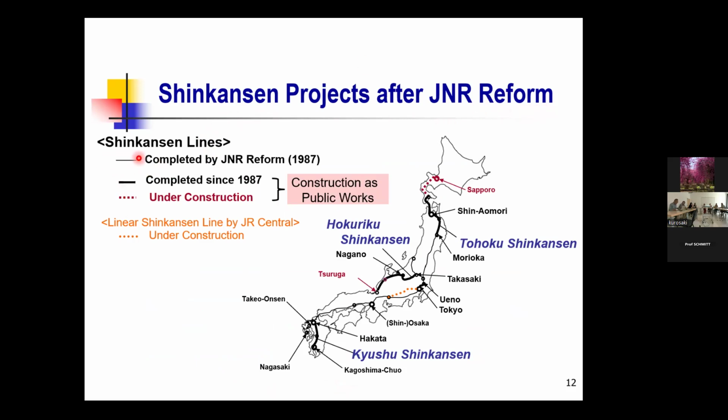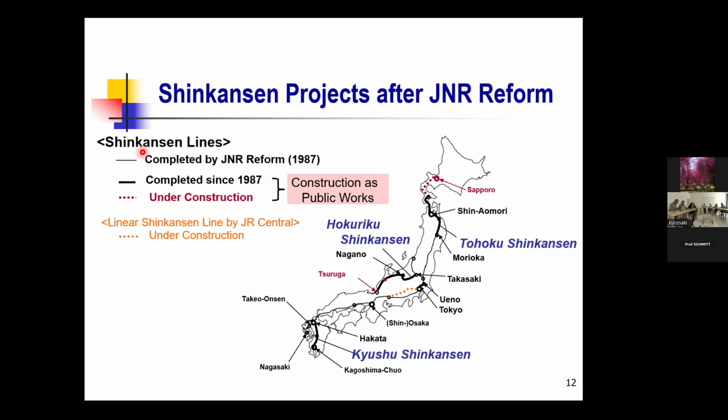The narrow black line shows the Shinkansen lines, which were constructed during the age of JNR. Since these lines were succeeded to JR companies, they are operated by vertically integrated structure now.